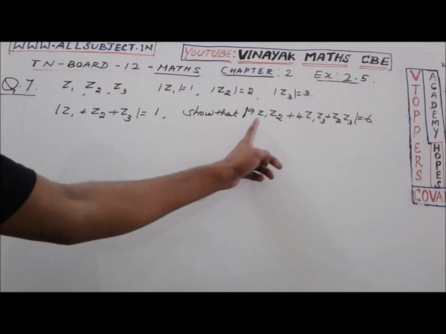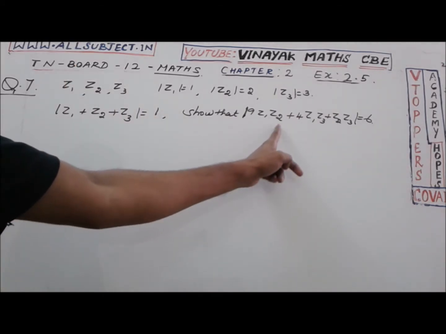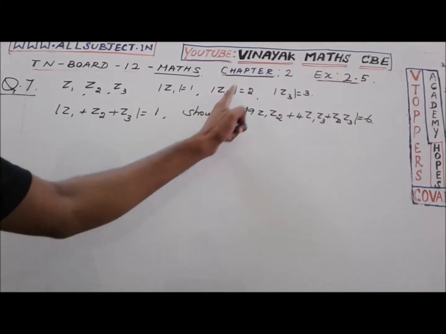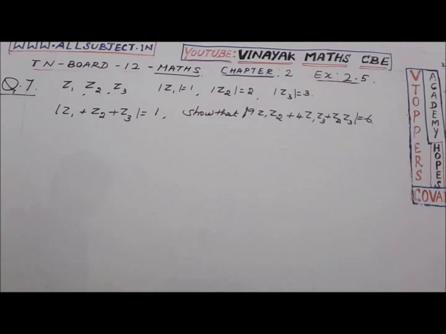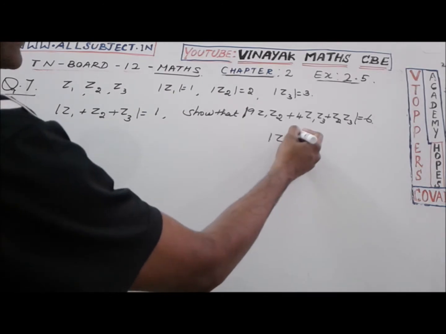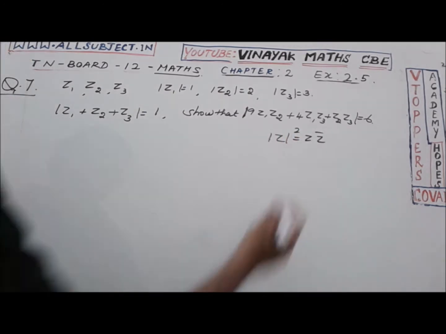To show that the modulus of 9 Z1 Z2 plus 4 Z1 Z3 plus Z2 Z3 is equal to 6 is the given question. Now, given the modulus values of Z1, Z2, Z3, we have the formula: modulus of Z square equals Z times Z bar.